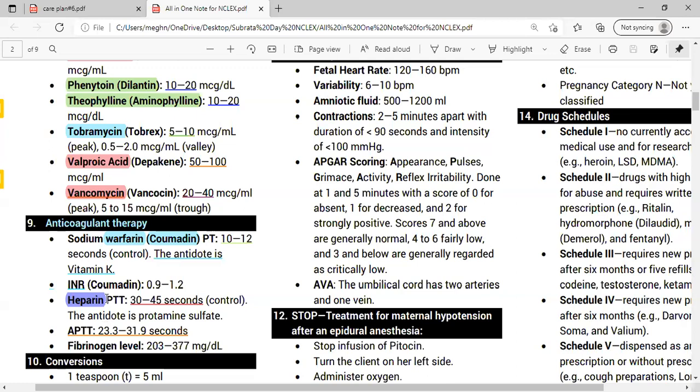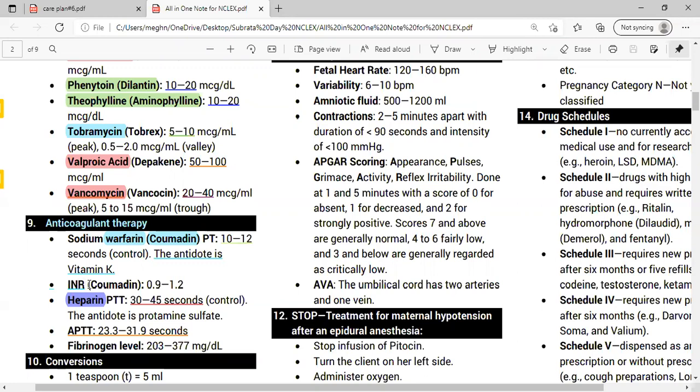So when a patient is in an emergency in the hospital, we give heparin. But when the patient is transferred home, we start them on warfarin. When your patient needs warfarin, it is good to check prothrombin time, and it would be 10 to 20 seconds. If warfarin causes any toxicity, the antidote is vitamin K.